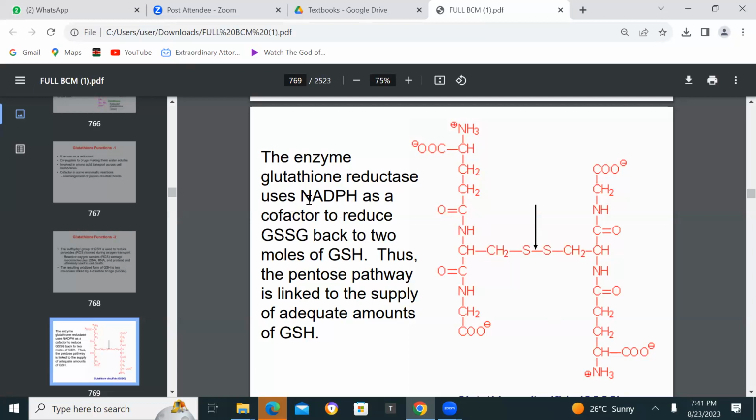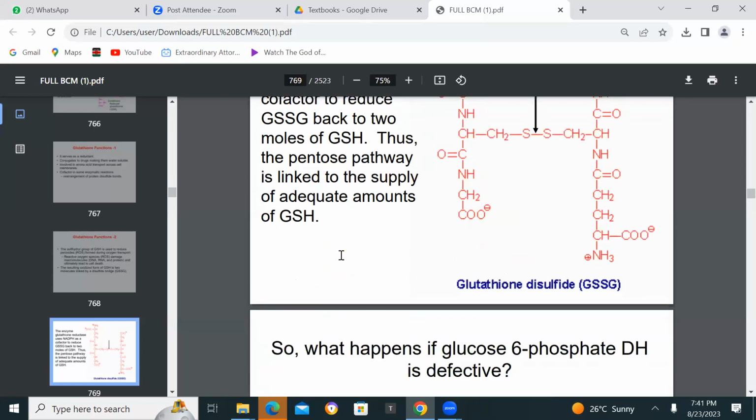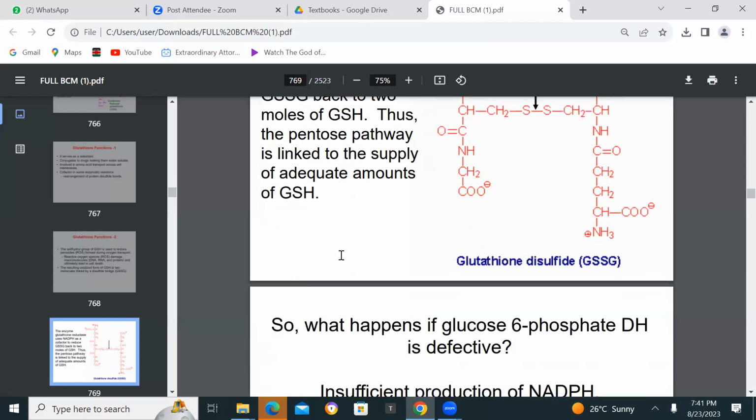So if you don't have any NADPH, because maybe your pentose phosphate pathway has an issue, then you cannot activate your glutathione reductase, and you can't break this bond here. If you can't, then you won't have enough glutathione to keep dealing with your reactive oxygen species. So then the cells keep dying.